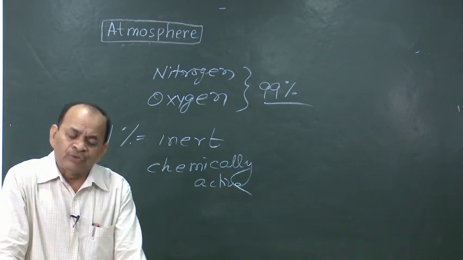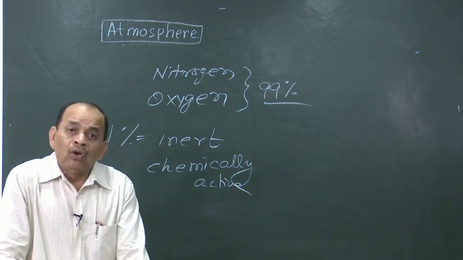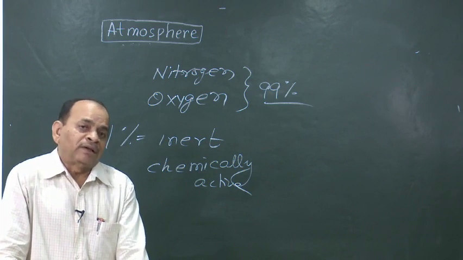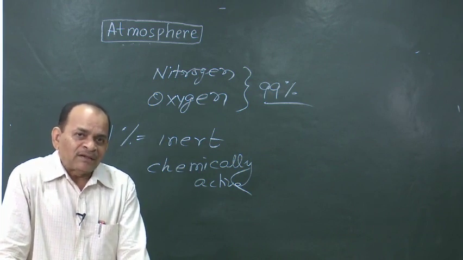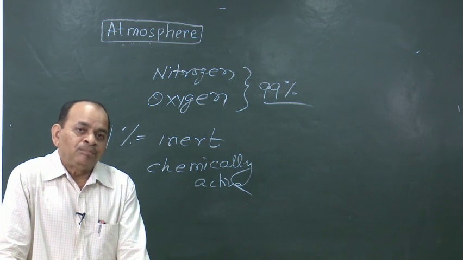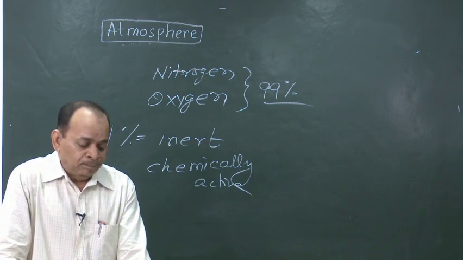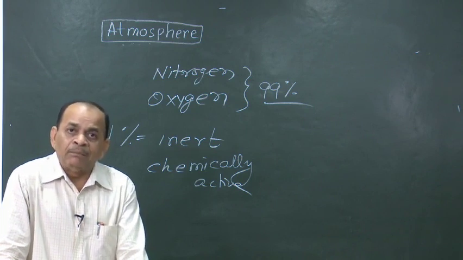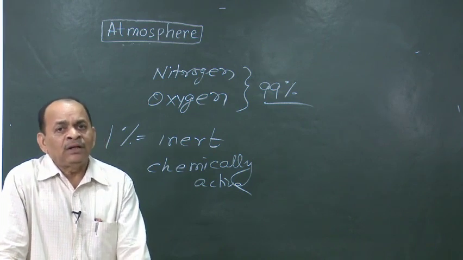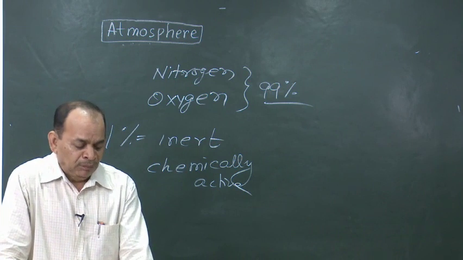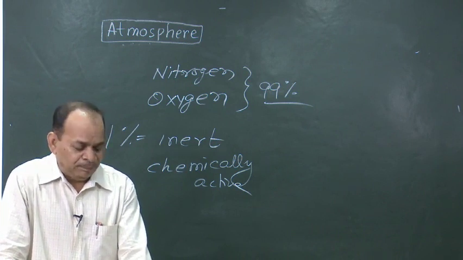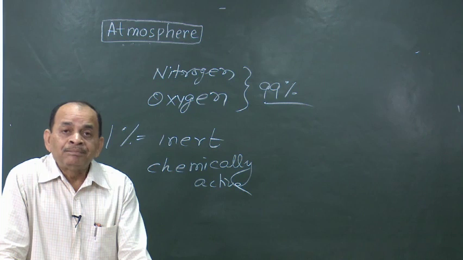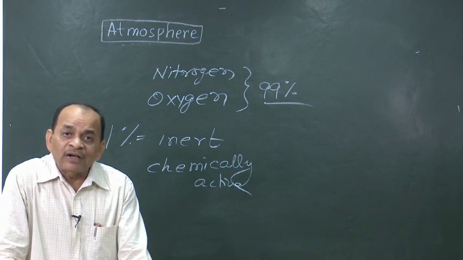The inert constituents have long lifetimes because they are not chemically active. Examples: helium, neon, krypton, xenon. Chemically active gases have a short lifetime.